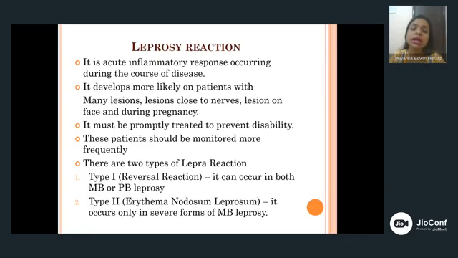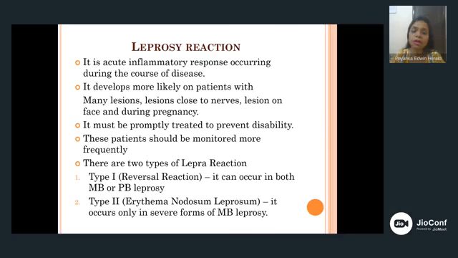Now, lastly, there is another very important point in leprosy patients, that is leprosy reaction. Leprosy reaction can occur in any leprosy patient, whether he is getting treatment or not. What is a leprosy reaction? It is an acute inflammatory response during the course of the disease.